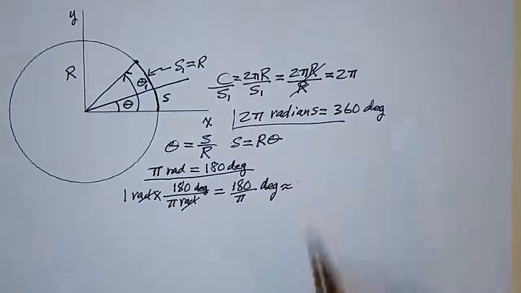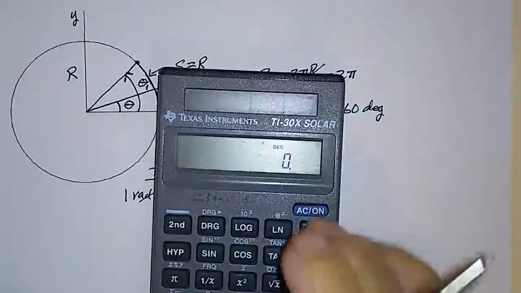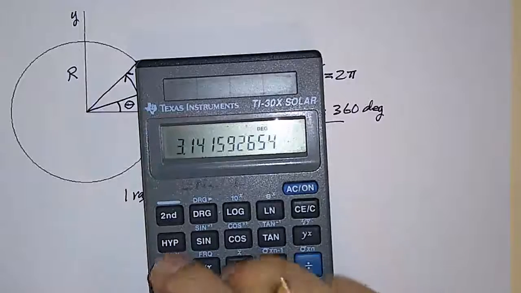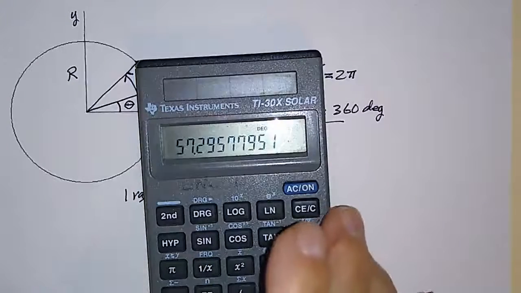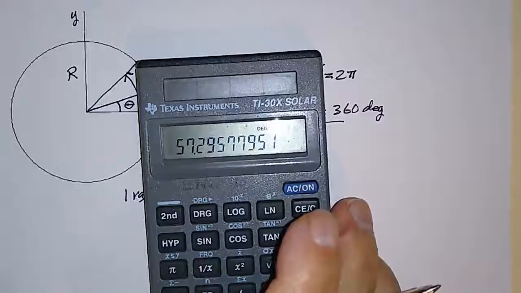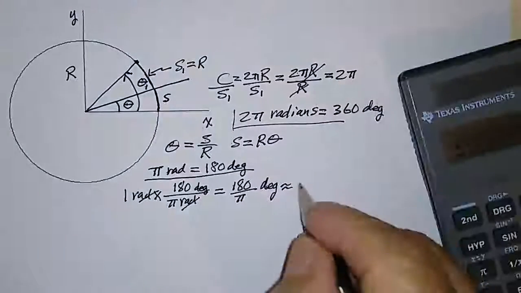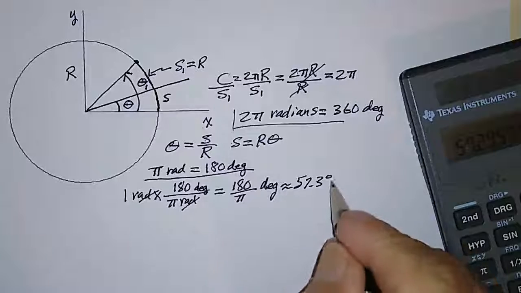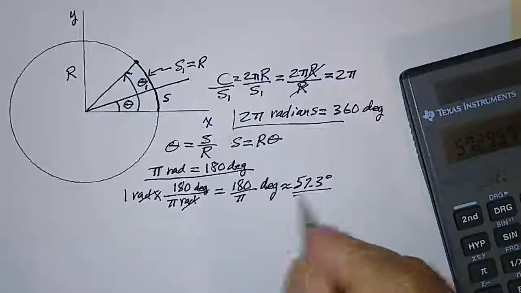And that works out to be, and let's put it in here and see, 180 divided by pi equals 57.295, approximately 57.3 degrees is 1 radian.